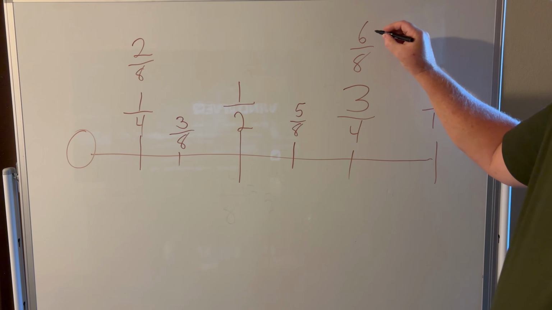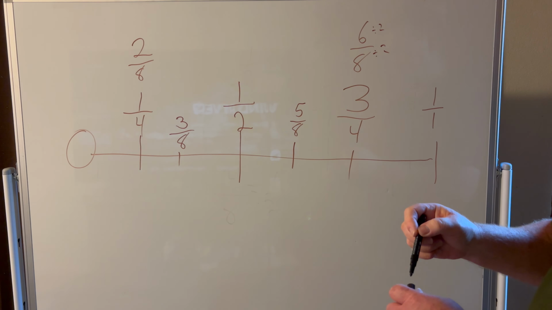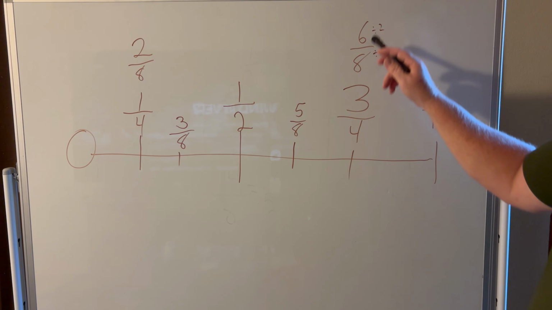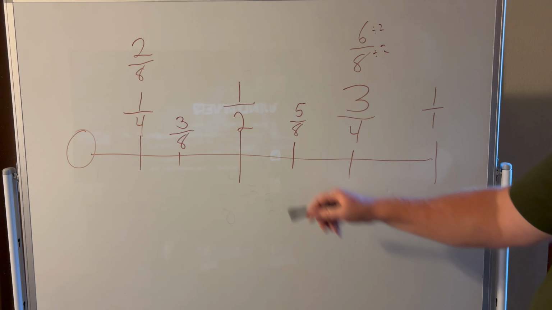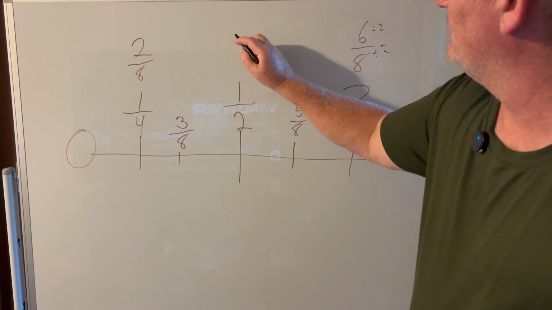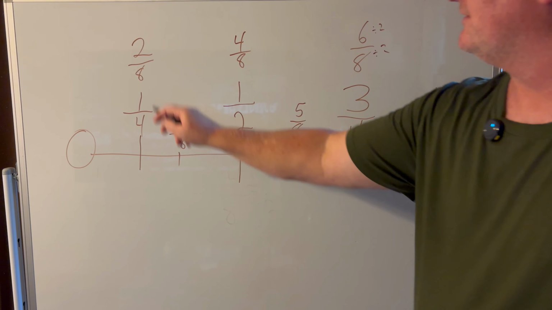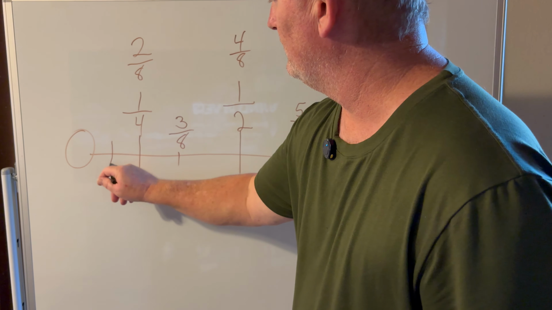We divide it by 2. So 6 divided by 2, 3. 8 divided by 2, 4. So 6/8 is 3/4. 5/8, 4/8, 3/8, 2/8, and then 1/8 would be right here.